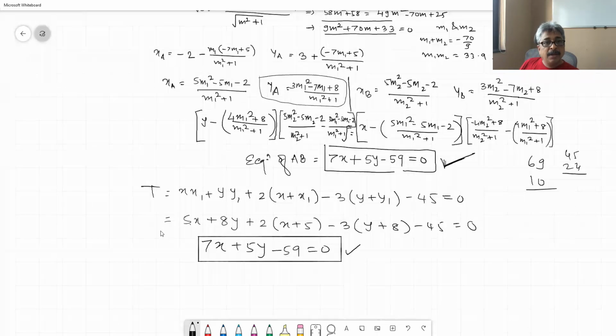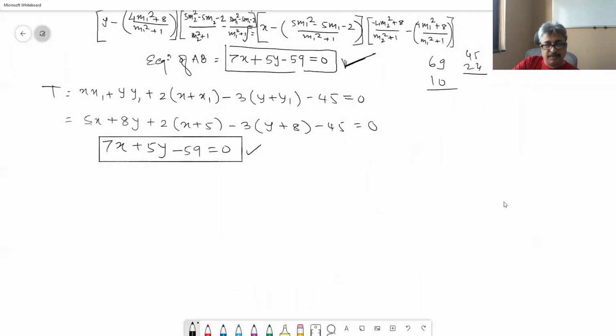Okay, so let me just define that line. Definition: let S is equal to 0 be the curve.